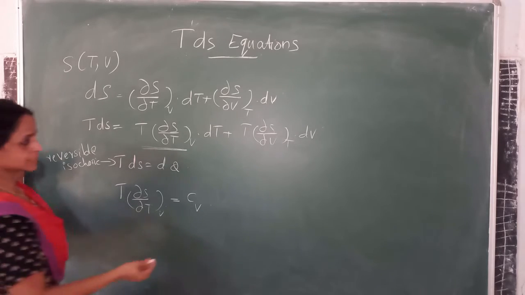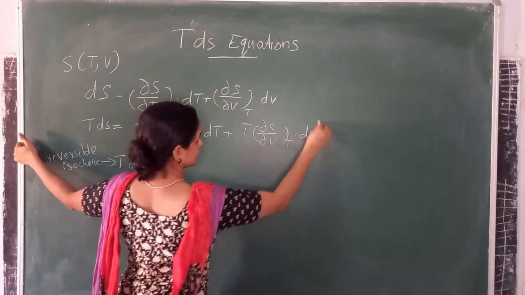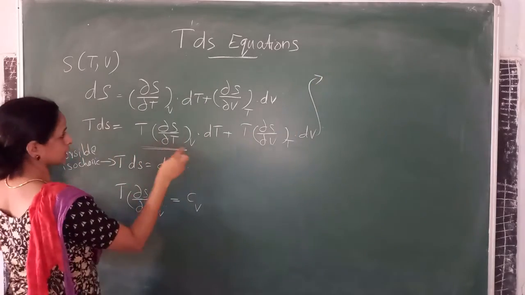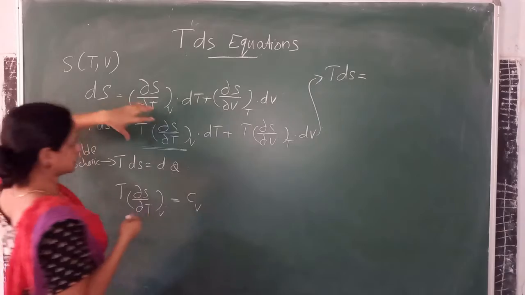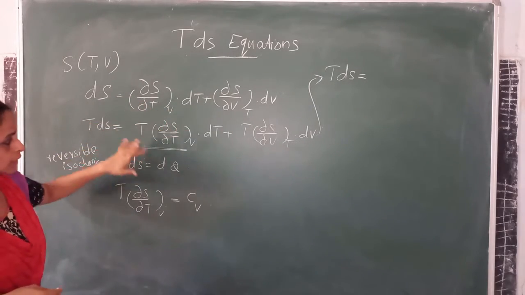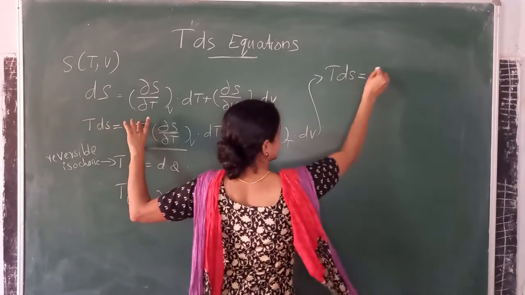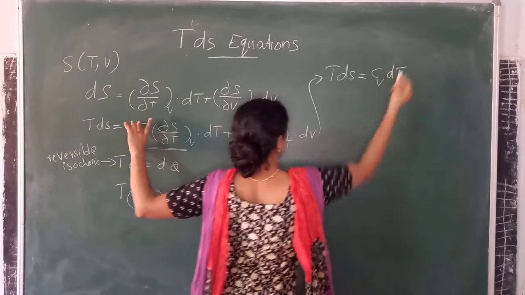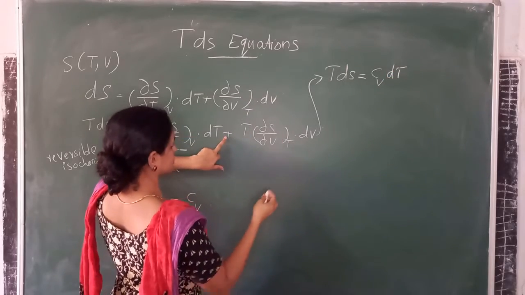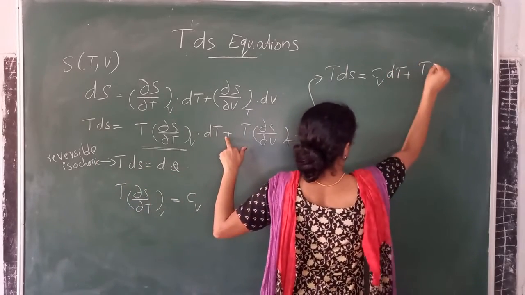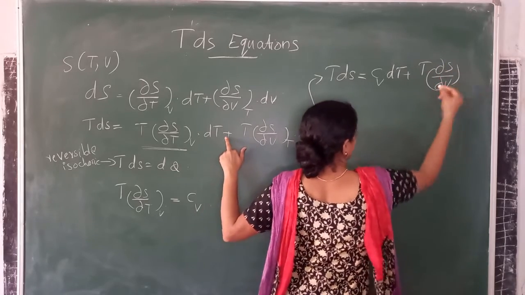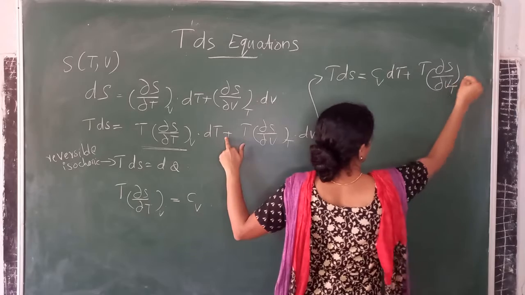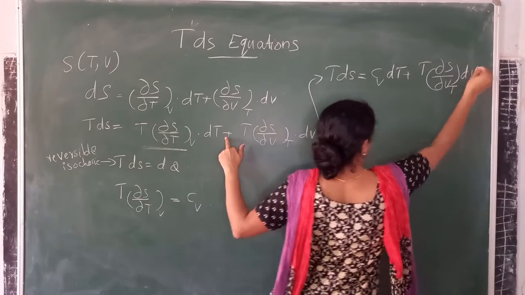So we can rewrite this equation as TdS is equal to Cv dT plus T into ∂S by ∂V at T into dV.